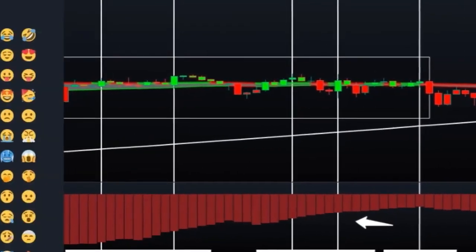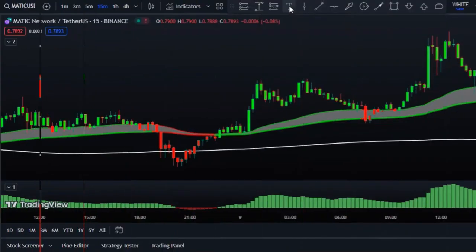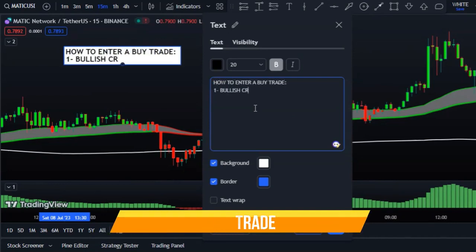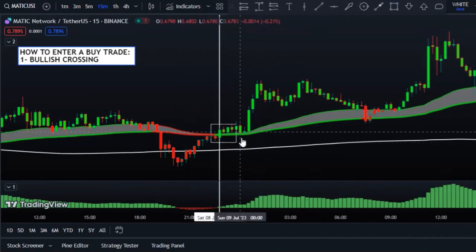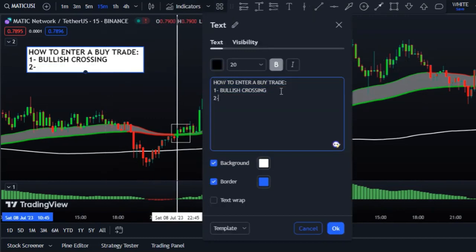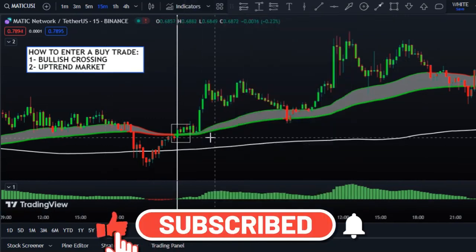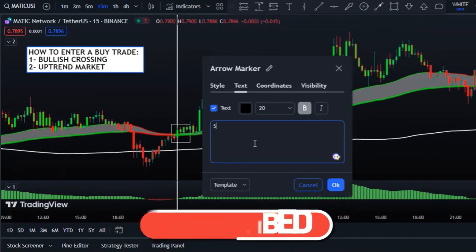But to be fully familiar with the entry and exit rules, let's review these rules together. So to enter a buy trade, we need to wait for a bullish crossing to occur. After this, the signal needs to be confirmed in two stages. First, the trend in the higher time frame needs to be upward, meaning we make sure the price is above the 300 SMA.